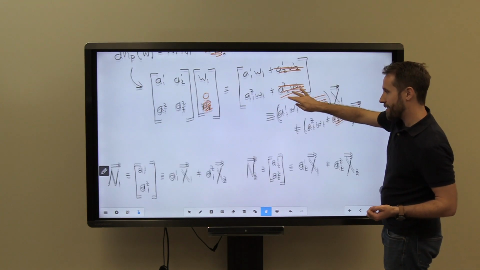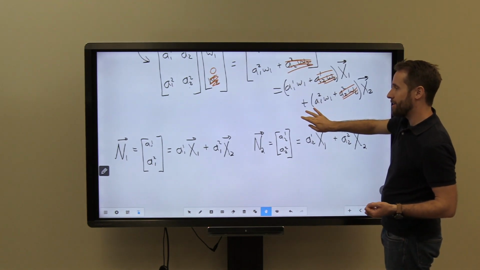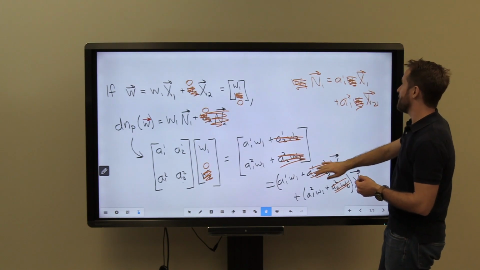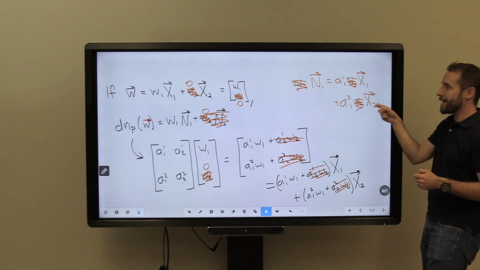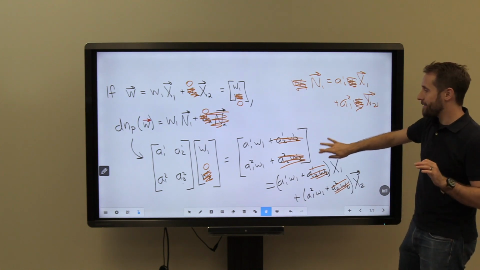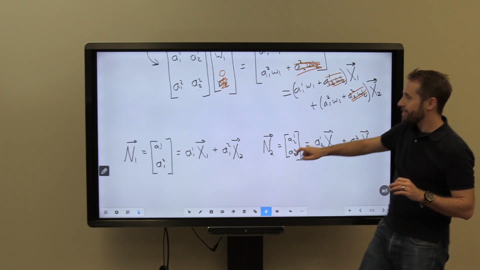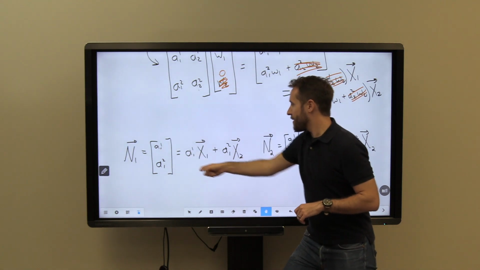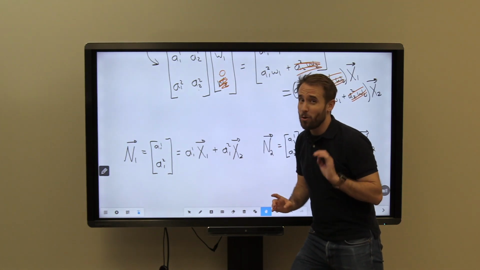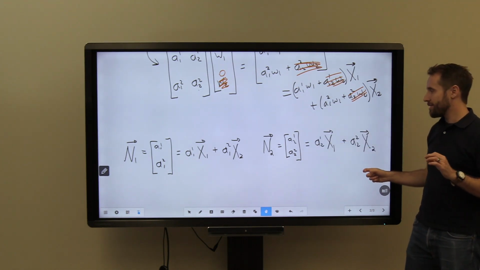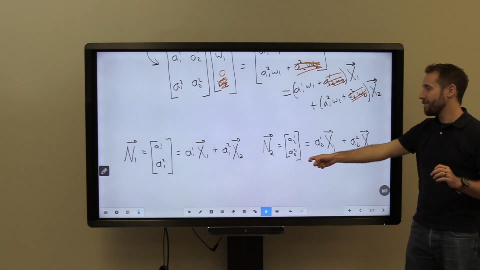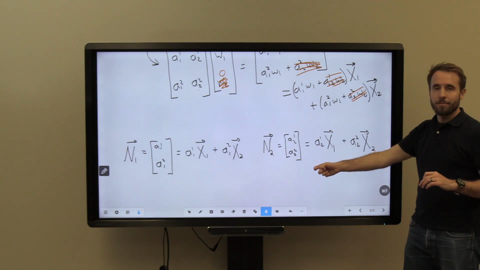The results are down here. So n1, let me scroll up for a second. We said n1 was a11 x1 plus a21 x2. I can write that in its component form as a11, a21. That's exactly what I found. And by an equivalent argument, I can find that this is true as well. So this is my vector representation for n2.